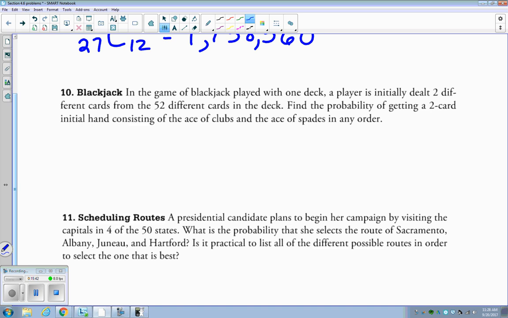Then everyone is dealt their second card.